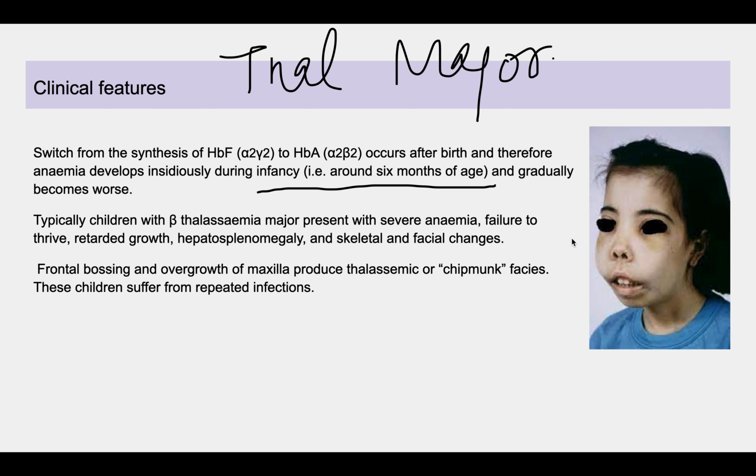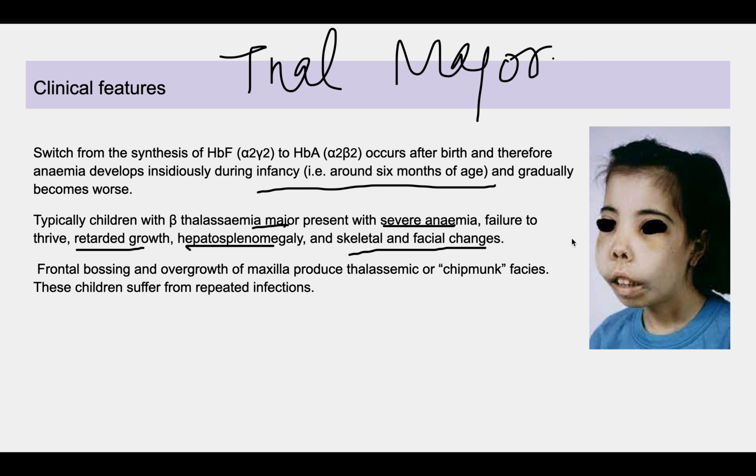Typically, patients of thal major will present with severe anemia because of hemolysis, and failure to thrive. They will not achieve their milestones as quickly. There will be retarded growth, hepatosplenomegaly, and certain skeletal and facial changes.